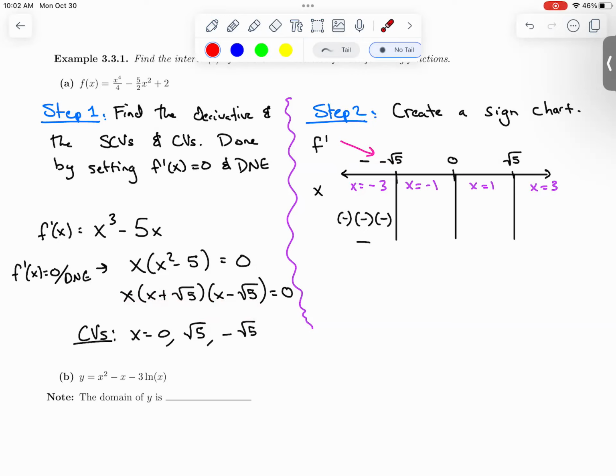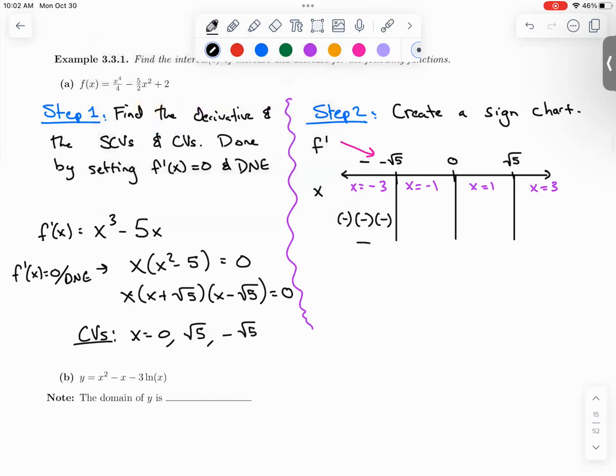-3 is negative. -3 plus the square root of 5, that's negative. -3 minus the square root of 5, that's also negative. Then I'll plug in -1. X will be negative. -1 plus the square root of 5, that's going to be positive.